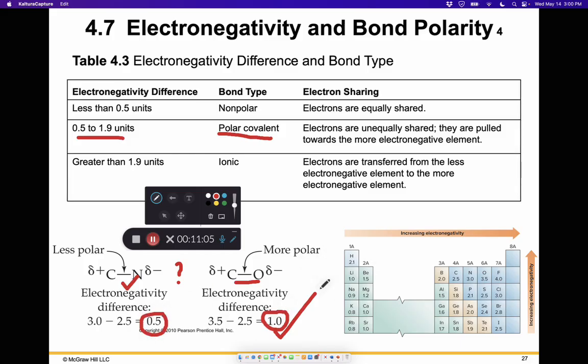So the higher the difference in electronegativity, the more polar the bond is. So in this slide we learned how to use the electronegativity value to determine whether the bond is polar or not. Is that clear? Okay, now let's move on.